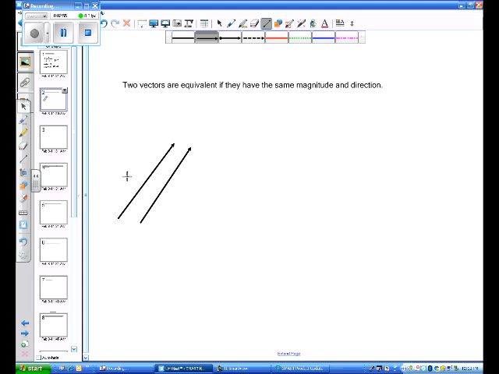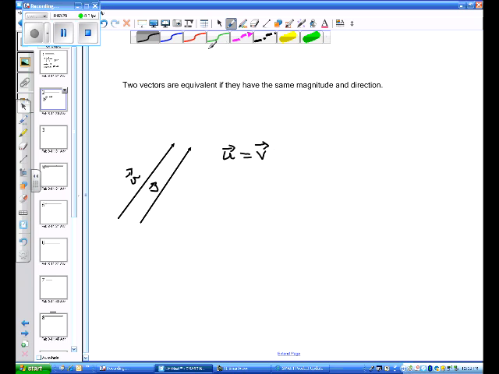So this could be vector u. This could be vector v. So we could say that they're equivalent, or that vector u is equal to, and sometimes you'll see those as wavy lines to just say that they're equivalent, that they're different vectors, but they have the same magnitude and direction.